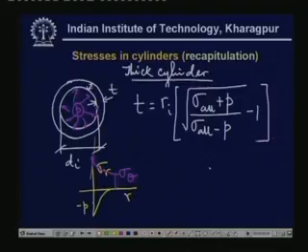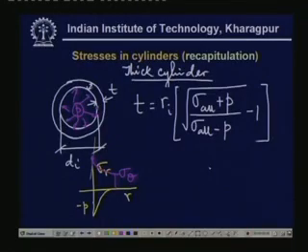Therefore, we have to resort to some other techniques in order to achieve a higher strength. That is, if we want to design a cylinder that can achieve an internal pressure more than this particular value, then we will have to think of other means, and that is what we are going to discuss today. But this is the case where the material fails in normal stress.